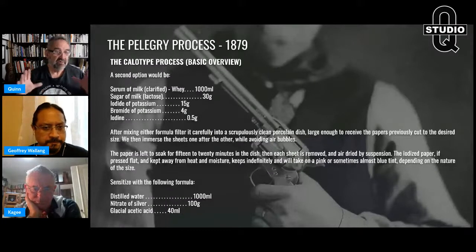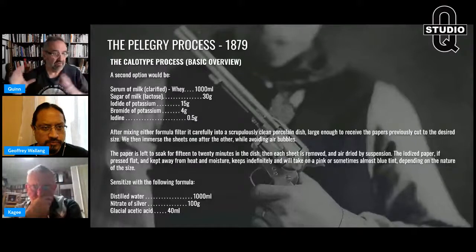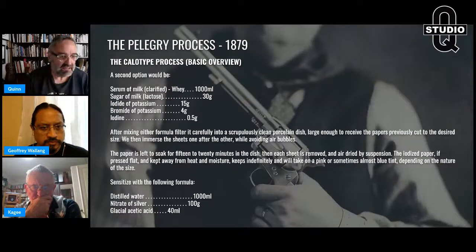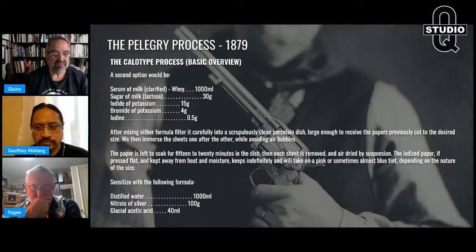So the sizing is actually the whey or the rice, and then you have the salts, the lactose, the sugar, and the iodine. And I think the iodine is even kind of optional. After mixing either formula, filter it carefully into a scrupulously clean porcelain dish, large enough to receive the paper previously cut to desired size. We then immerse the sheets one after the other while avoiding air bubbles.